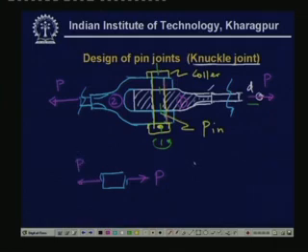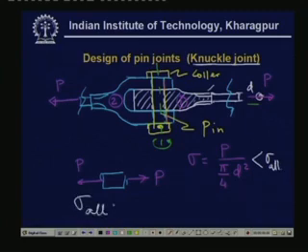The normal stress will be P divided by the area, pi by 4 d square, if d is the diameter of this rod, and this sigma should not exceed a certain limit. So sigma must be less than sigma allowable. What is sigma allowable? Sigma allowable is equal to sigma ultimate divided by some factor of safety.